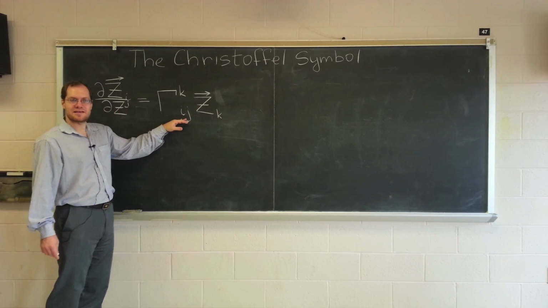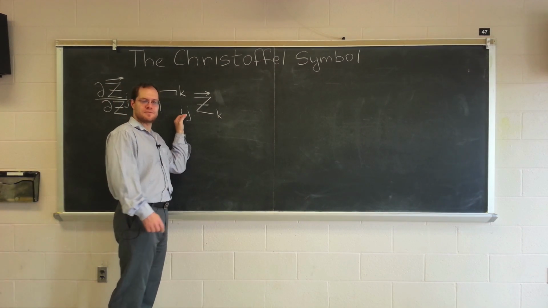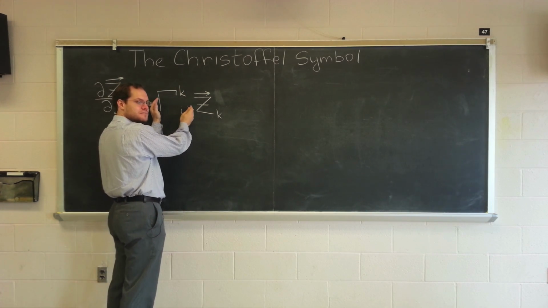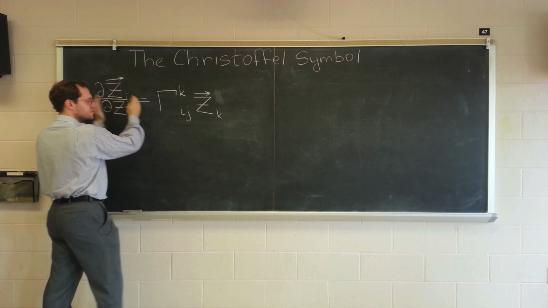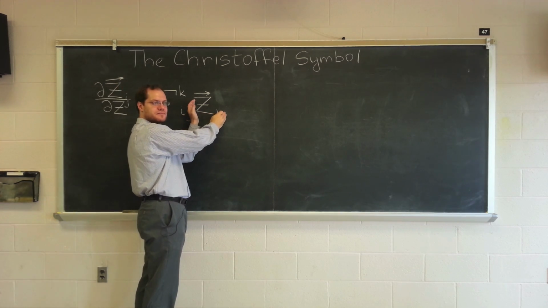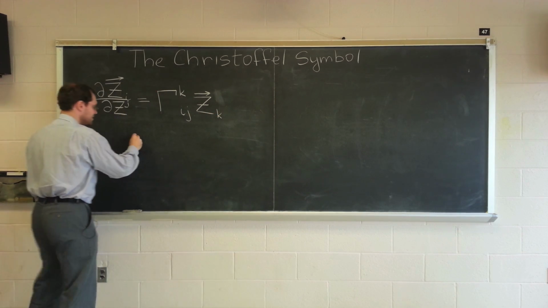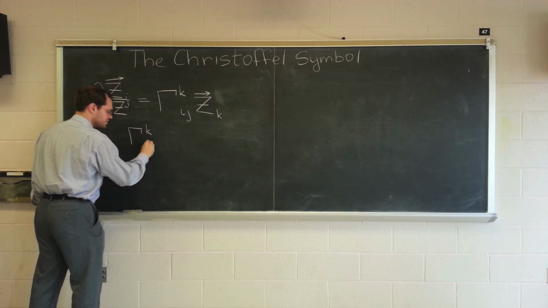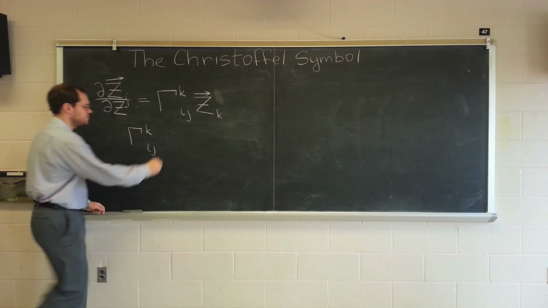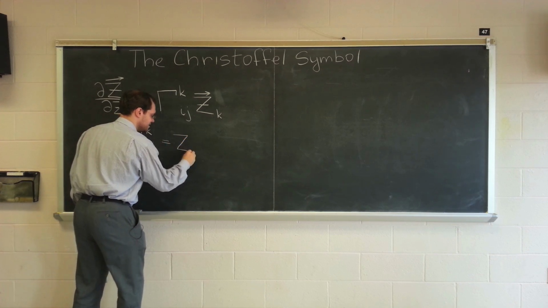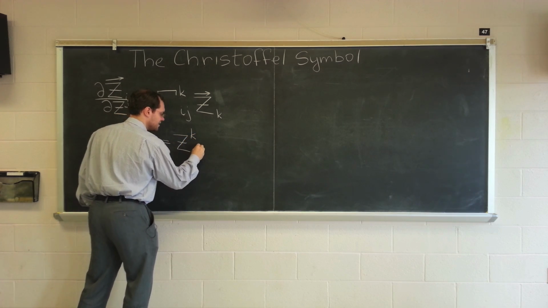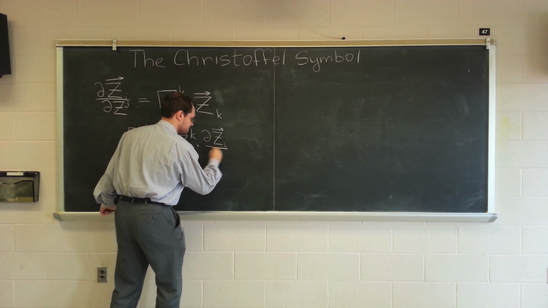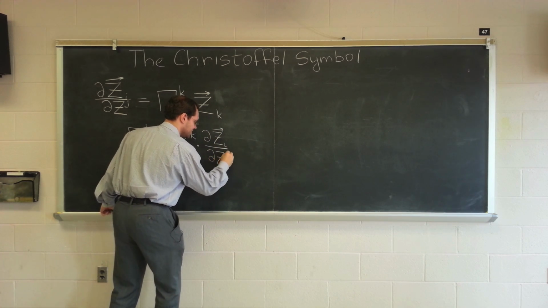So there's one other thing I can say about this, which goes back to something we talked about maybe just about an hour ago, which is this is the component of this vector with respect to the covariant basis. So that immediately gives us an explicit expression for the Christoffel symbol, and it's Z^k dotted with dZ_i over dZ^j.